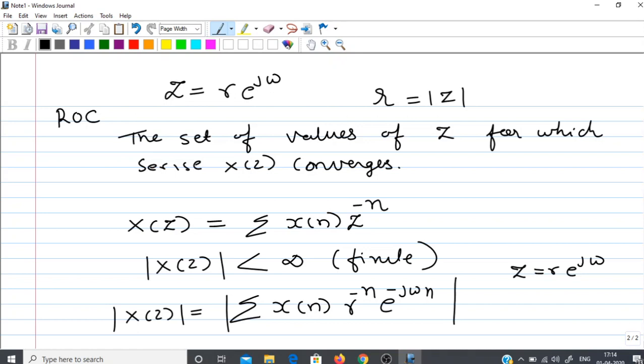Now we know from the triangle inequality that the mod of a plus b is less than or equal to the mod of a plus the mod of b, where a and b are two complex numbers.